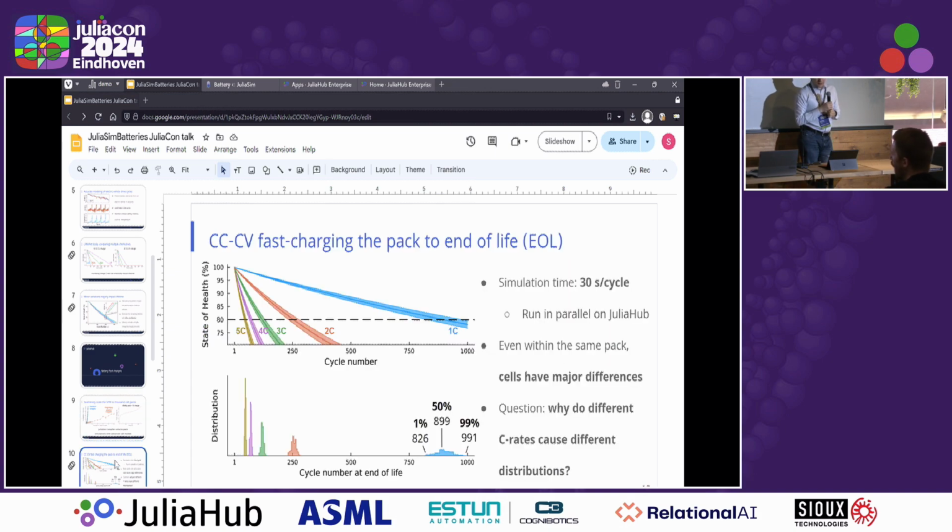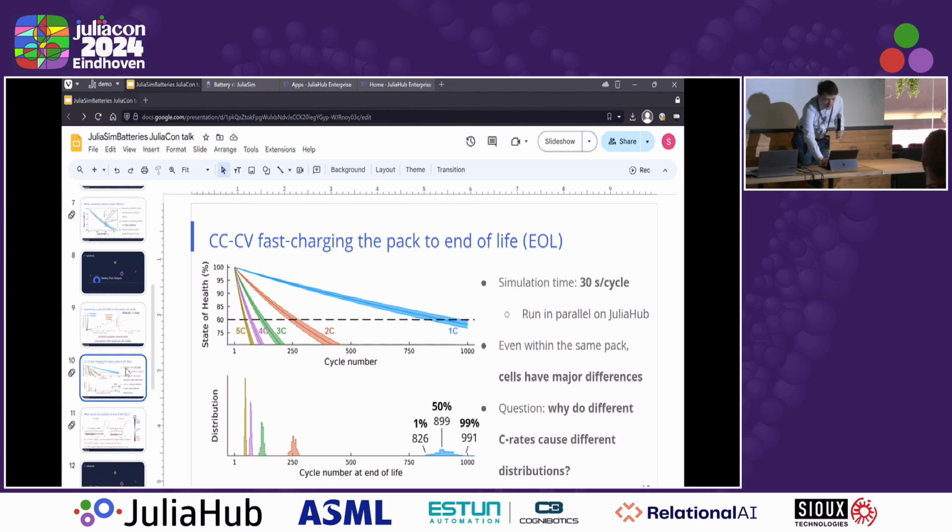Here, another thing that I want to present before the demo is a fast charging analysis. At the pack level, we want to look at how fast charging impacts the degradation and the health of the battery, depending on how fast we are charging the battery. Here each band is one charging protocol. So we have 1C, 2C, 3C, and so on.